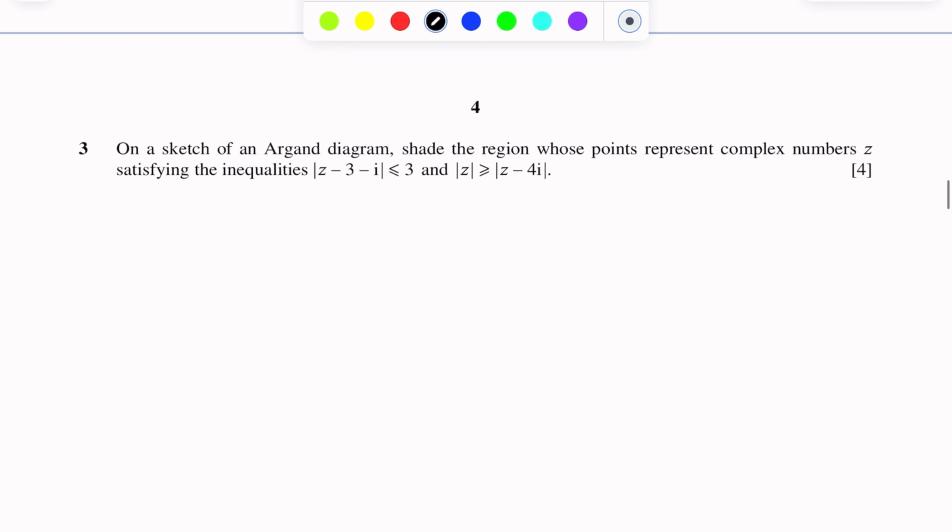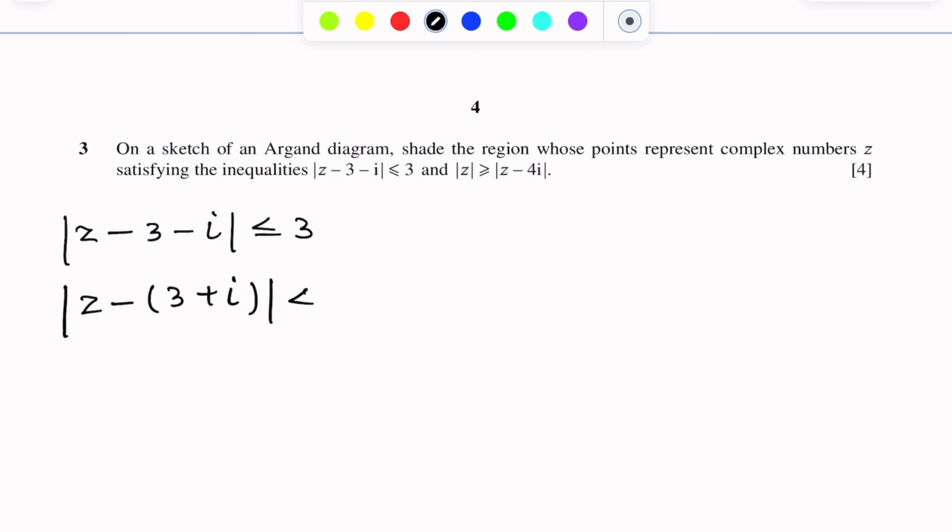First inequality is |z - 3 - i| ≤ 3. So we can write it in this format: |z - (3 + i)| ≤ 3.